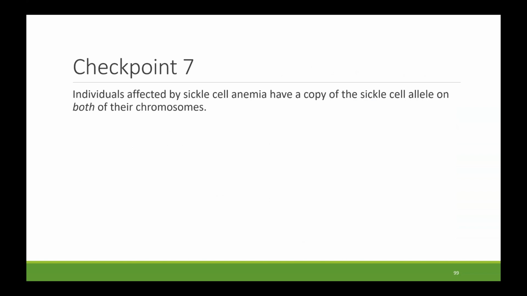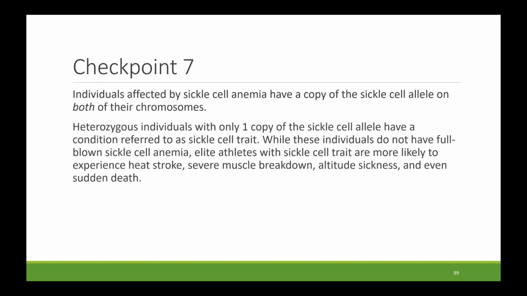We'll end our discussion of sickle cell with a checkpoint. We learned that individuals affected by sickle cell anemia have a copy of the sickle cell allele on both of their chromosomes. Heterozygous individuals who have one copy of the sickle cell allele, meaning they have the healthy version on one chromosome and the sickle cell version on another, these people have a condition that is referred to as sickle cell trait.